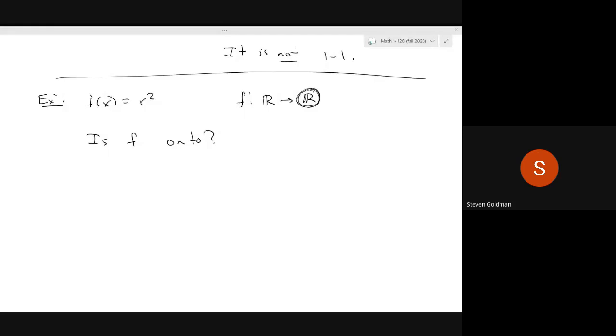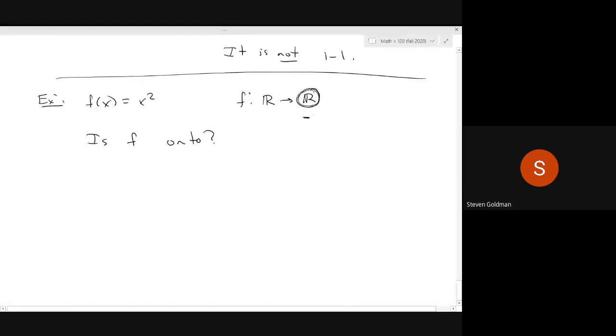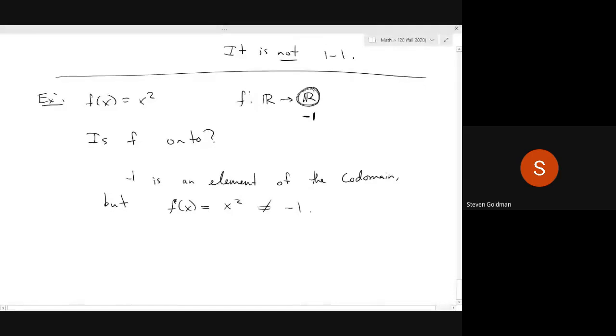So Yasir already answered that. The negative numbers, right? X squared can never be negative, all right? So for example, -1 is an element of the codomain, but my function, f of x equals x squared, can never equal -1, right? X squared is always non-negative.